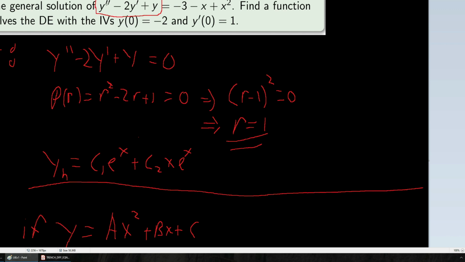And then the differential equation simply becomes polynomial equals polynomial. So I don't know the coefficients on the left-hand side, but I can set the coefficients of the various powers of x equal to each other, get a system of equations, and solve for a, b, and c. That's precisely what I'm going to do here.